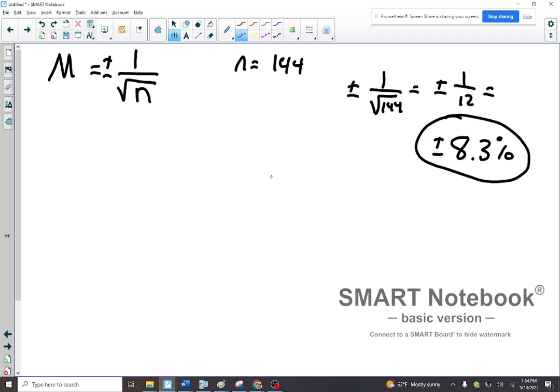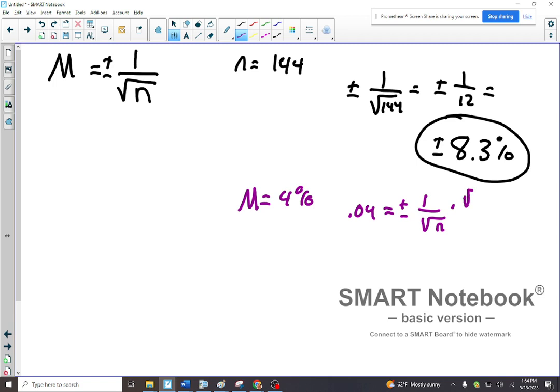All right, next one. I don't want a big margin of error. Let's say I only want a margin of error of 4%. How many people do I have to ask in order to get a margin of error of 4%? In this one, I'm going to set it up where 4%, or 0.04, make sure you convert it or you're going to get some crazy number, equals plus or minus, mathematically the plus or minus doesn't really do anything, 1 over the square root of n.